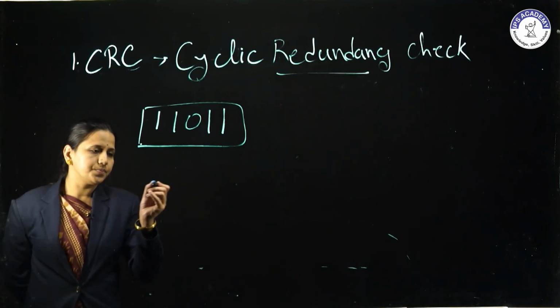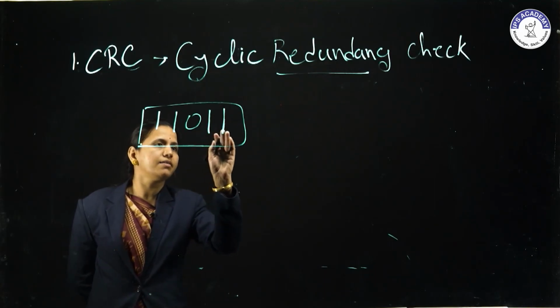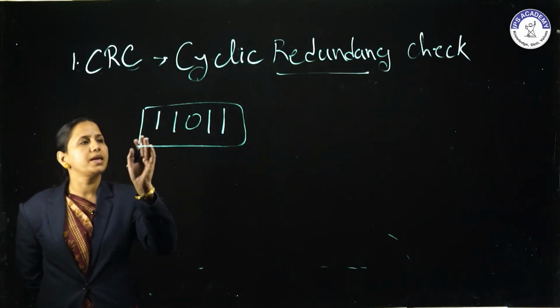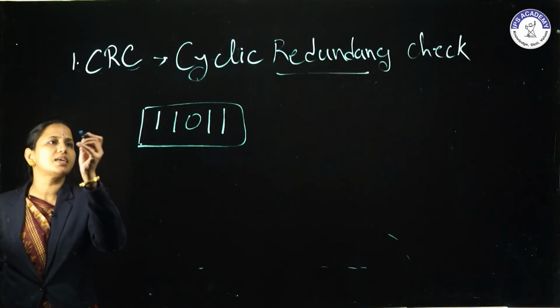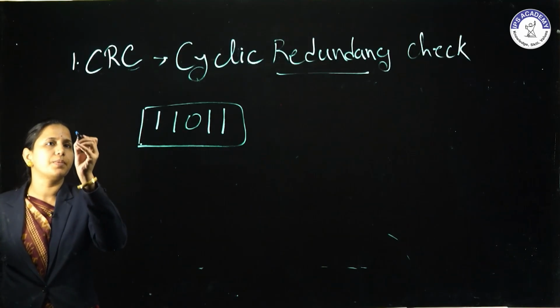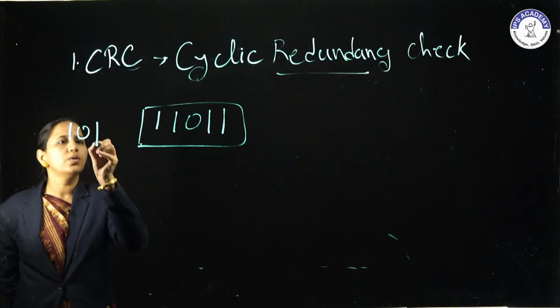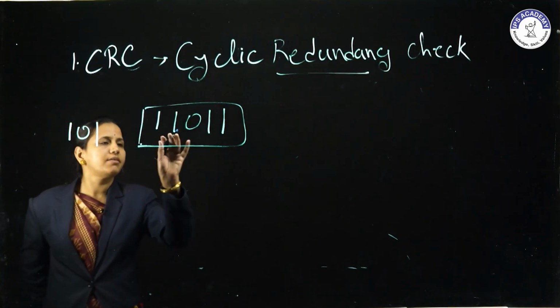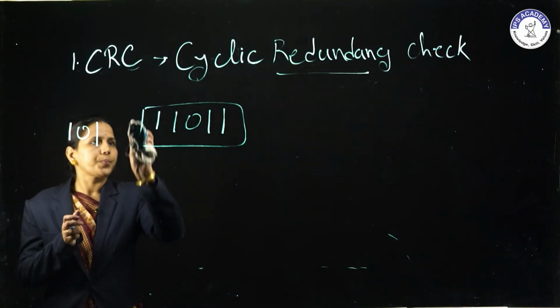So for sending the data 1 1 0 1 1 from one place to another place, CRC or the sender uses a divisor polynomial. For example, the divisor is 1 0 1. So we need to divide this data with the help of this divisor.